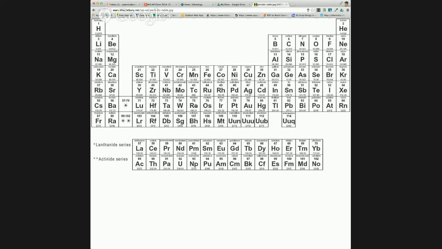I'm forgetting which ones they are, but when you start adding into the f orbitals, this must be it, like yttrium and lutetium and zirconium and hafnium, they have some very similar properties, because when you add to the f, you are hardly increasing the size of the radius at all, and they have the same number of valence electrons, which is basically 2. The properties of those elements are really similar, even more than you might expect, given the fact that they're in the same column. They really are quite similar.